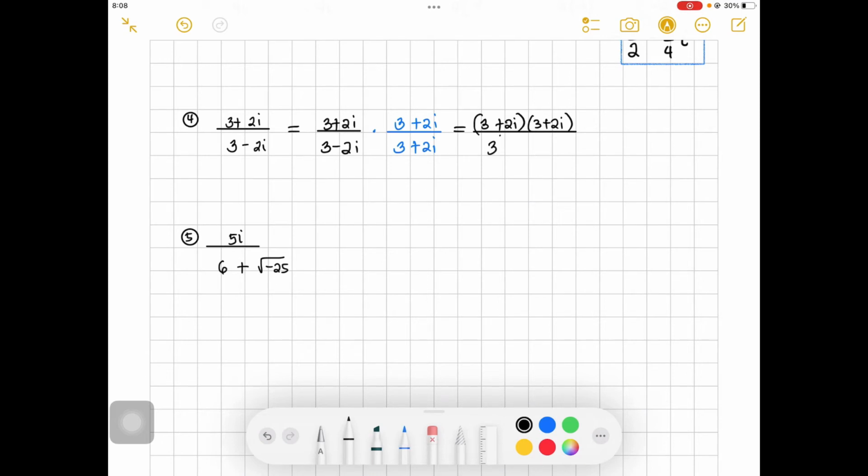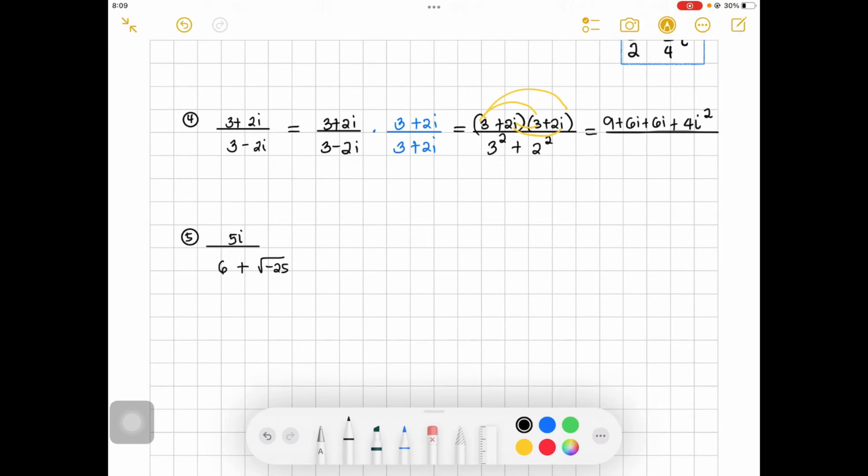So we have 3 squared plus 2 squared. For the numerator, we apply the FOIL method. Nine plus 6i plus 6i plus 4i squared.